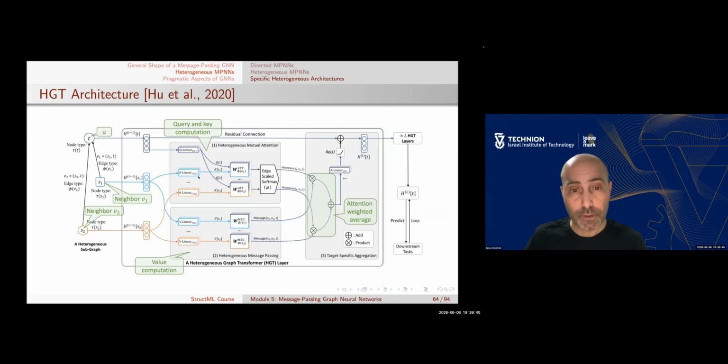This is basically computing the attention of V1 and V2. This part computes the queries and keys and produces from them the weights of the weighted average. So this is the attention for each of the vertices.